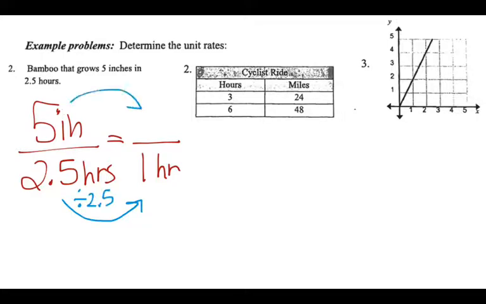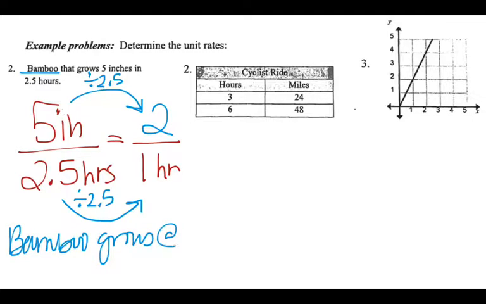So I'm going to take 5 inches and divide by 2.5, and I get 2. So my unit rate for bamboo grows at 2 inches per hour.